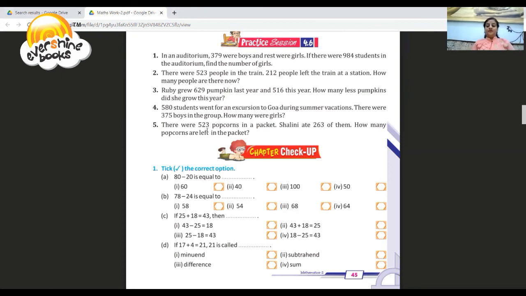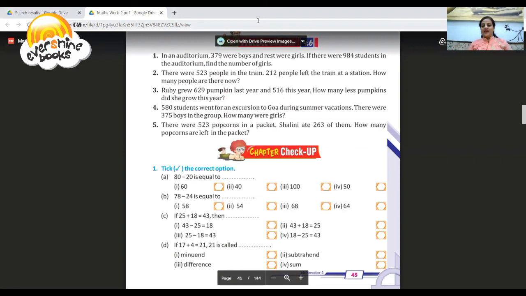Fifth point, there were 523 popcorn in a packet. Shalini ate 263 of them. Do you like popcorn? She has eaten 263. So how many popcorns are left in the packet? You have to subtract it. Yes, you have to subtract it. Then only you will be able to get the answer.